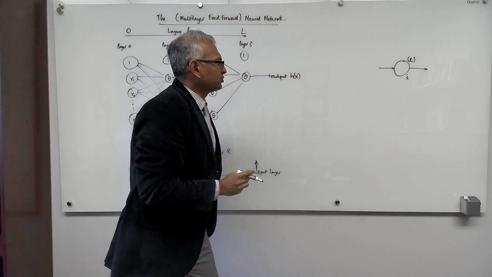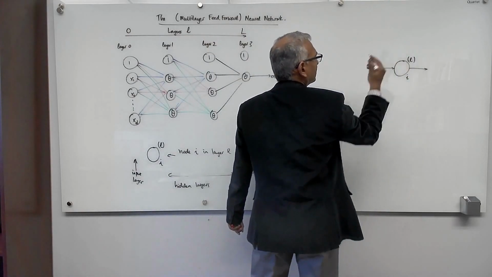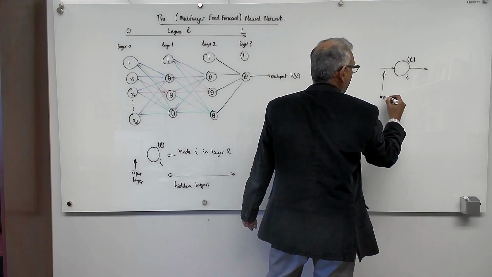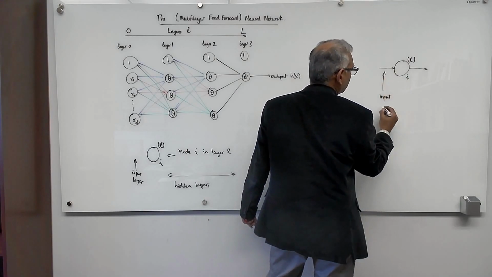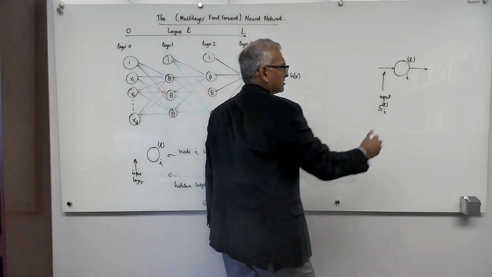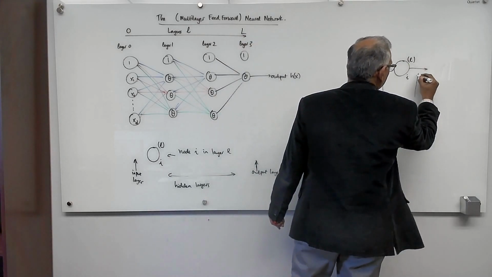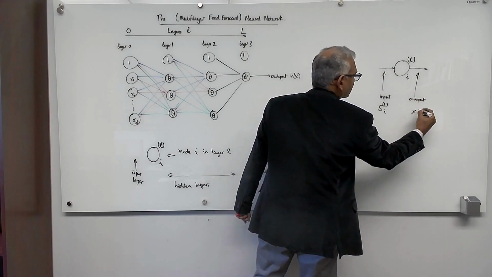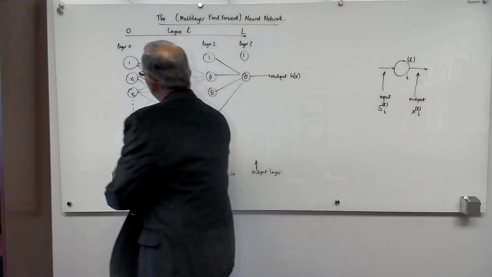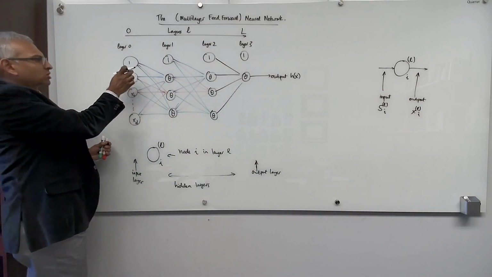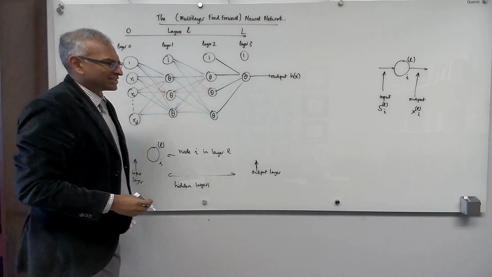We will call this input the signal coming into this node, the signal S_L,I. And then there's an output, and we will call this X_L,I. So the output of layer 0 is X_0,I, which corresponds to the features for your input example, let's say.